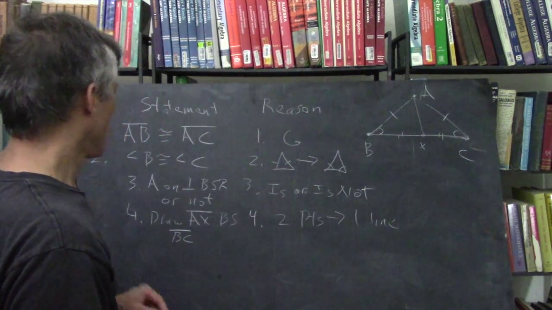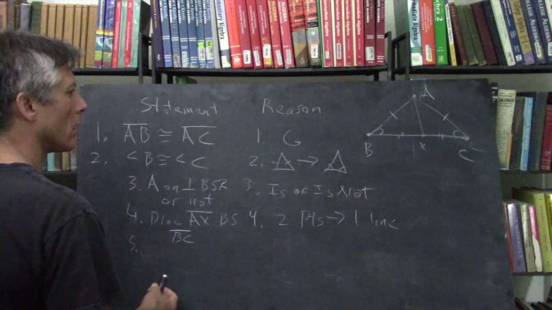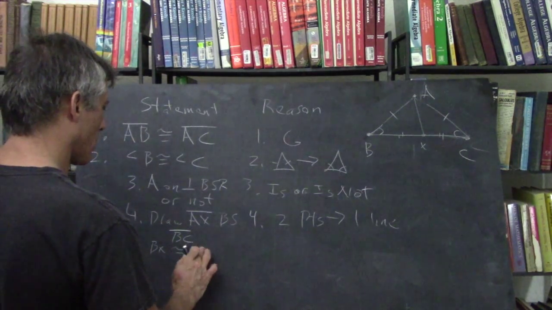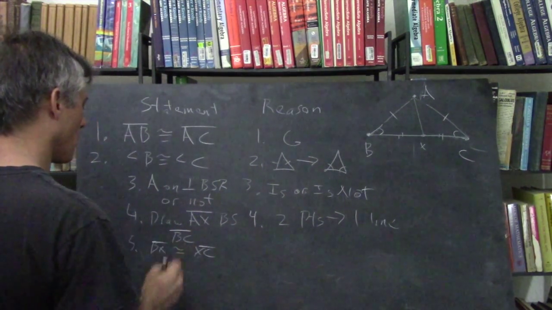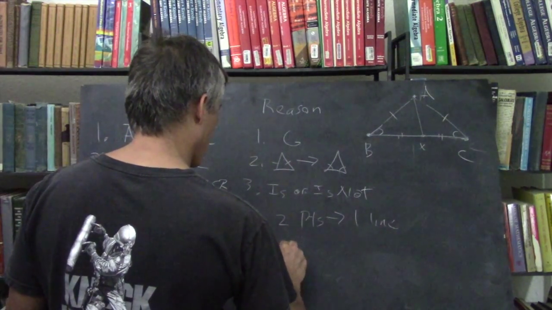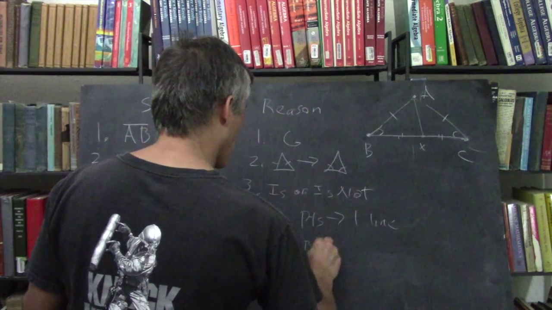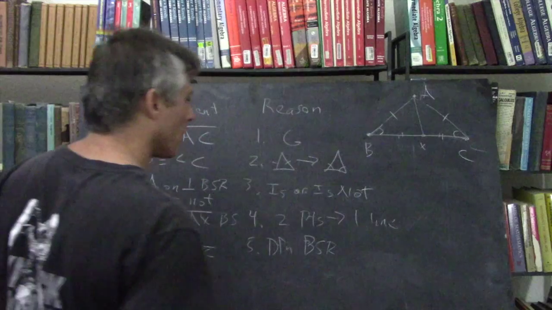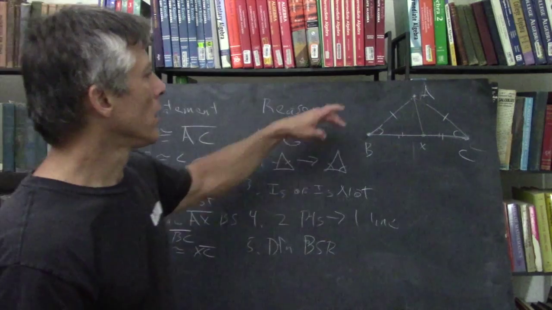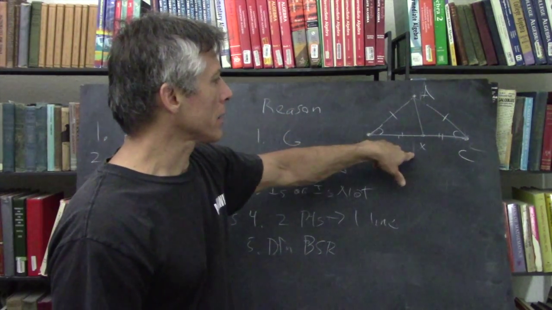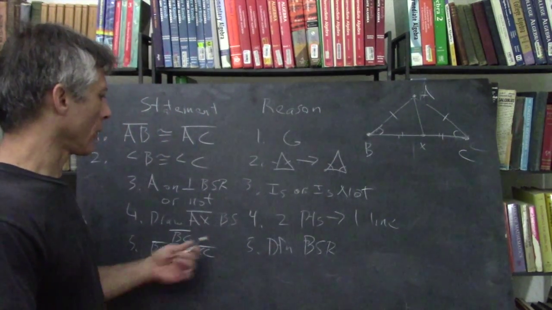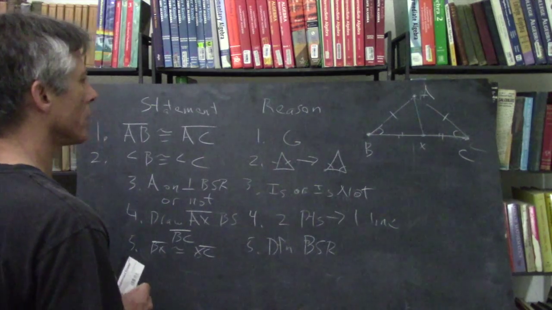Okay, but since it bisects it, we know BX and XC are congruent. And that's the definition of a segment bisector. And then we know, as we said before, ABX is congruent to ACX by side angle side. I'm going to go ahead and erase this and start back up here. Make sure you can see it all.